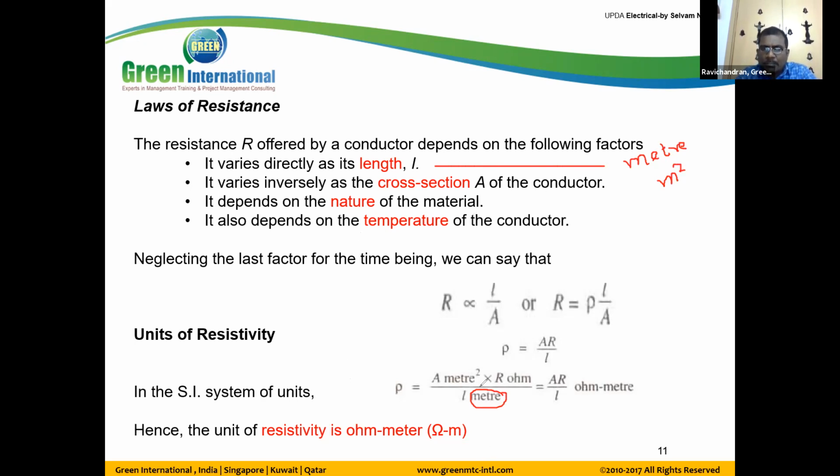And for resistivity, by using this formula, we get this. So the unit for the resistivity or specific resistance is ohm meter. The spelling is not ER. It is wrong, a spelling mistake, we forget about it.